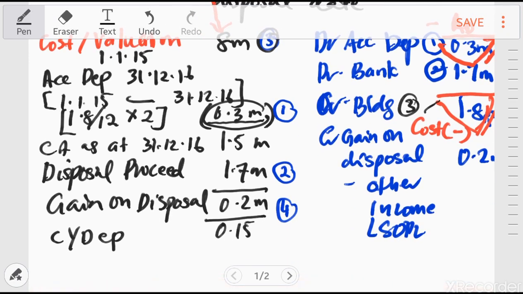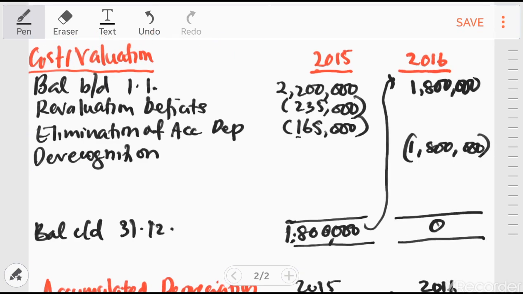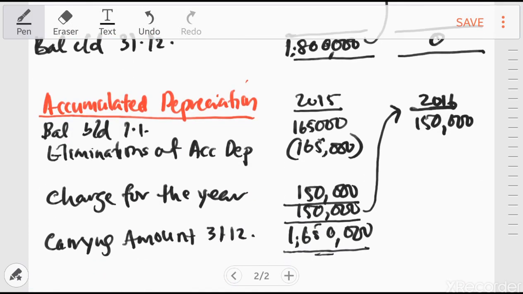The one for 2016 is this one, right? So we're going to take this and include it in our workings here. So we put here charge for the year 150,000. That was the charge for the year. However, on 31st of December 2016, you have some derecognition.